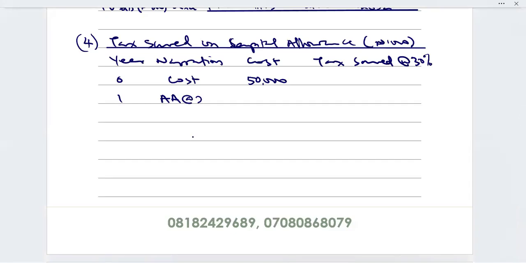So at 25%, what's 25% of 50,000? Sorry, 12,500. The difference is 37,500. This represents the tax written down value at the end of year 1.